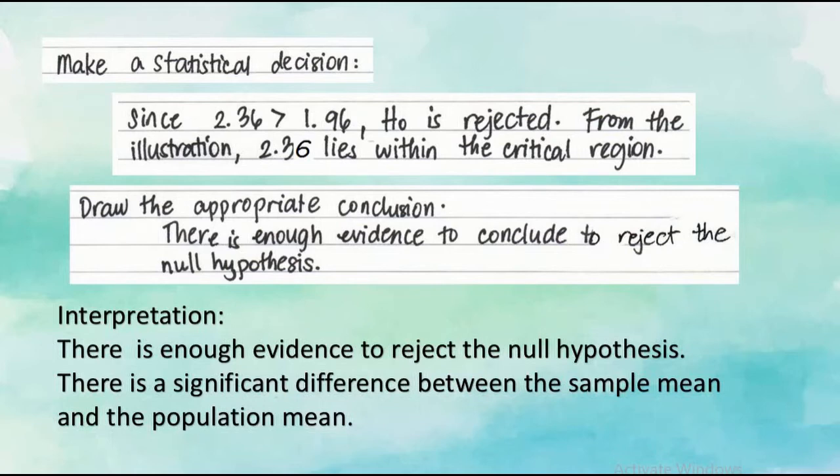Draw the appropriate conclusion. There is enough evidence to reject the null hypothesis. Interpretation: there is a significant difference between the sample mean and the population mean.